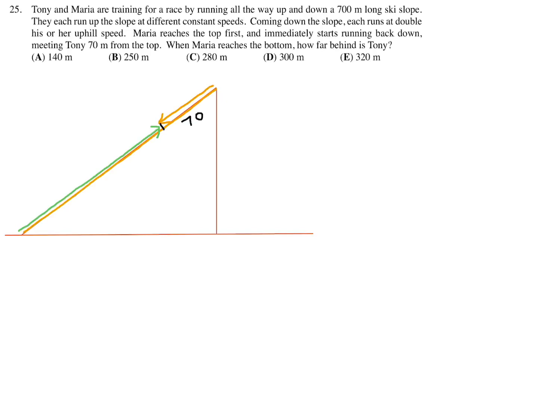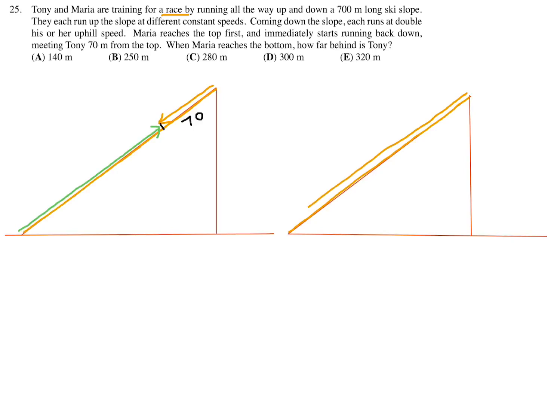And then the second scenario is similar, as you continue this race. Maria went all the way up, and now she's coming all the way back down, and she reaches the bottom. But at this point, Tony is still running, right?